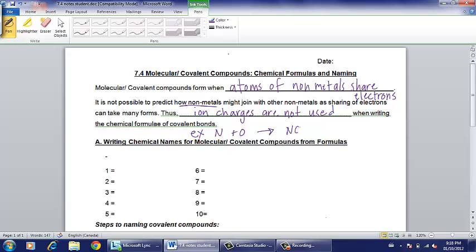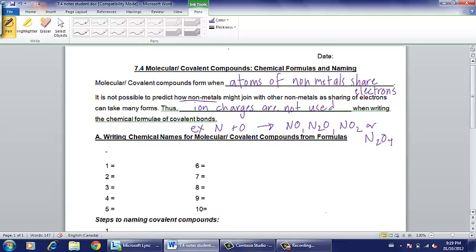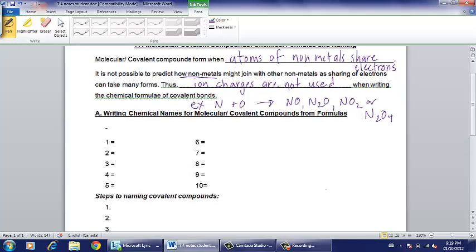It could form NO, could form N2O, or NO2, or N2O4, etc. So you can't predict it based on its ion charges. We use Roman numerals when we're writing the names.